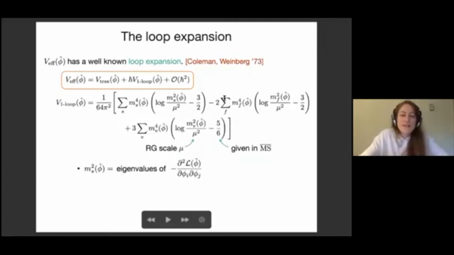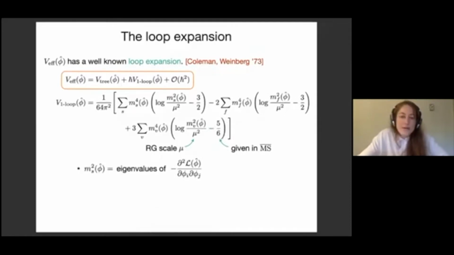Then this takes the form of m to the 4th log m squared over the different sectors in the theory. I've given this formula on this slide in some particular scheme. I'm using the MS-bar scheme here, and different scheme choices would change these constants, the 5/6 and the 3/2 in these terms, for example.